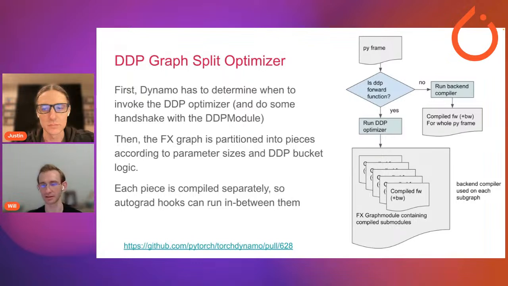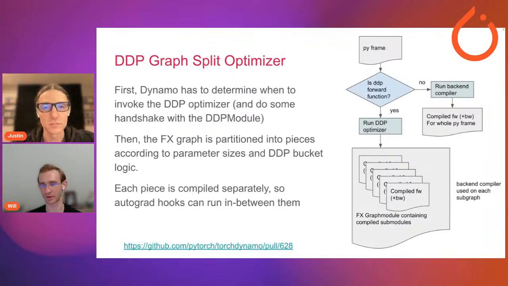We do that by detecting, well, Dynamo is already doing some analysis of the Python frames to determine what to do with the code and how to generate a graph out of it. So it already has to know quite a lot about the program, and it's not too hard for it to just look at the forward.